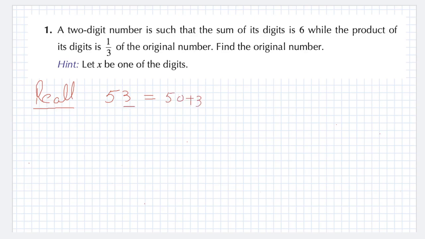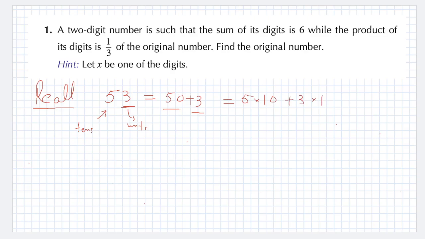The right digit represents units while the left digit represents the tens. How many tens are there? It's 5. And how many units are there? It's 3. So I break this number into tens and units. So I have 50 plus 3, 5 tens and 3 units. Or I can write it as 5 times 10, 5 tens I have, and 3 times 1, 3 units I have.